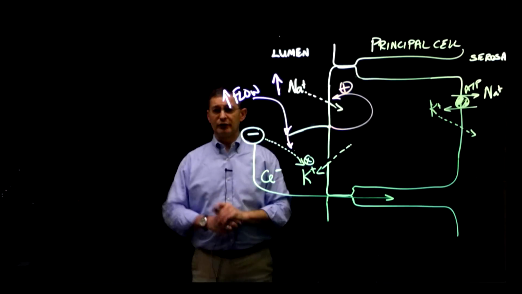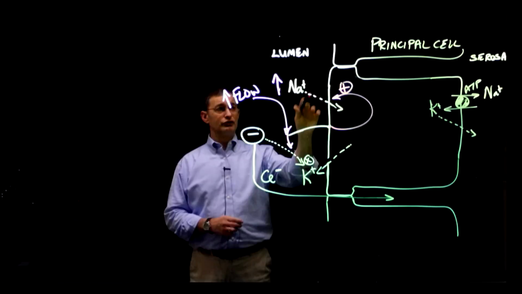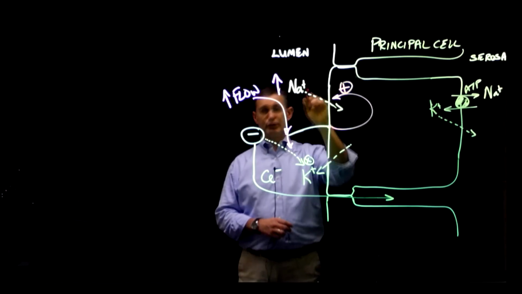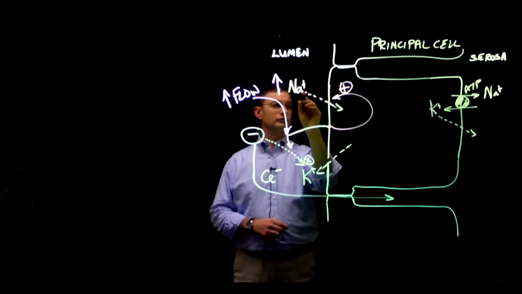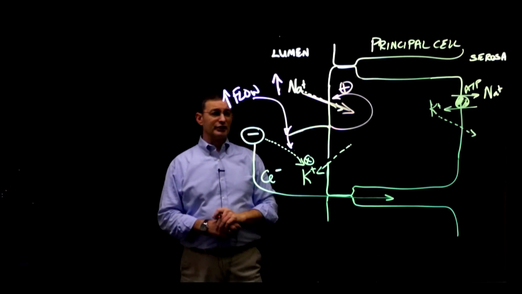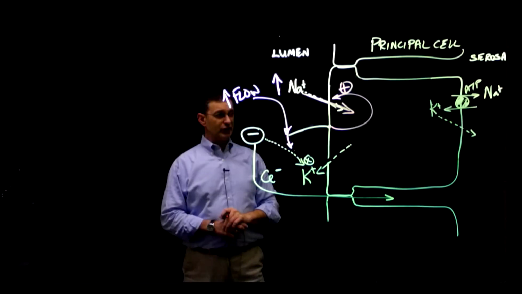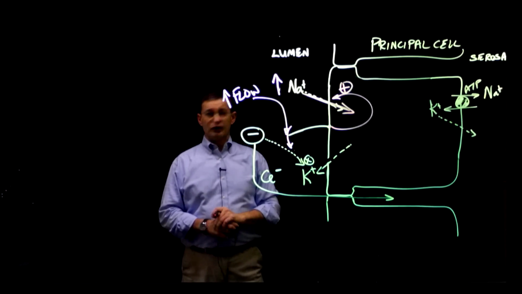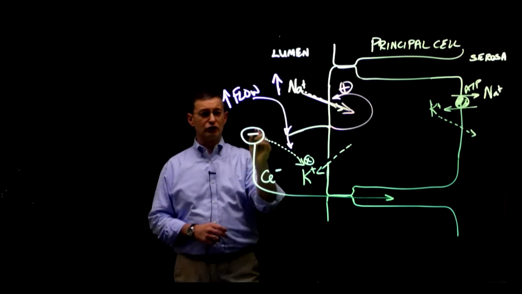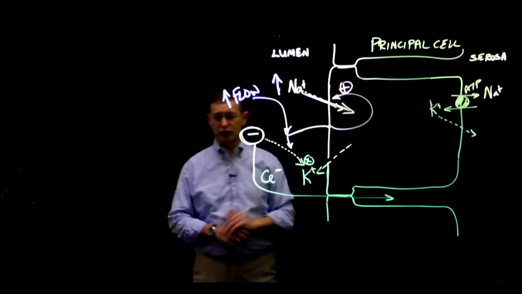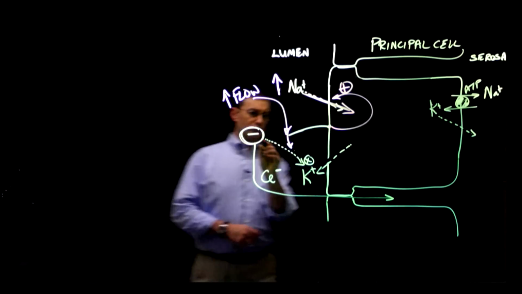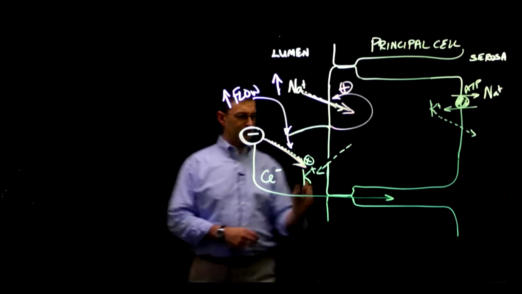If I've increased the amount of sodium delivered to this particular segment, through that increase in flow I will increase sodium reabsorption by both delivering more sodium and increasing the flow at the level of that sodium channel. The more sodium and the more flow, the more is reabsorbed, the greater my lumen negative potential and therefore the greater my chloride driving force for reabsorption, but also the greater the driving force for potassium secretion.